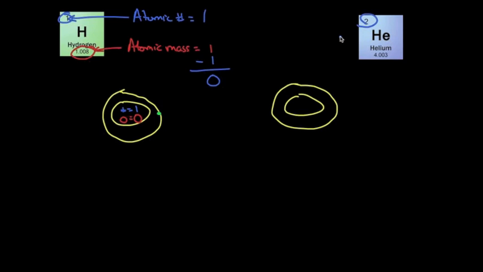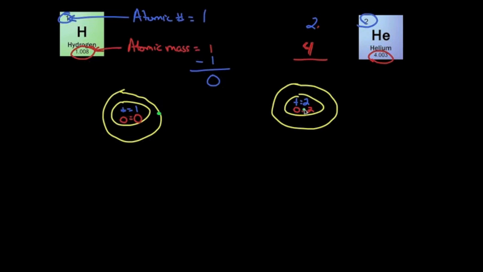In helium, we have an atomic number of 2. So that means we have 2 protons. We have an atomic mass of 4. So in order to calculate the number of neutrons, we have to subtract the atomic number from the atomic mass. So 4 minus 2 equals 2.